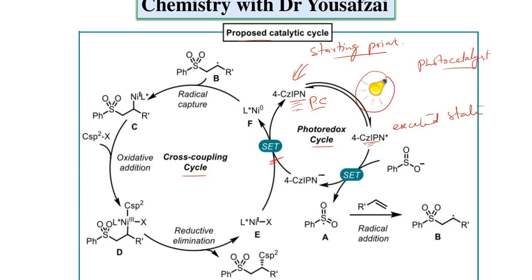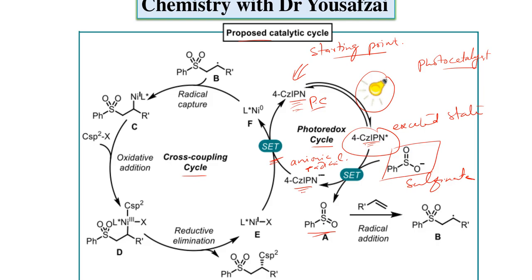So what is the reactant in this case? Sulfonate. This sulfonate will give an electron to the photocatalyst through a single electron transfer reaction, and as a result this photocatalyst goes to the anionic radical species, with production of sulfonyl radical.